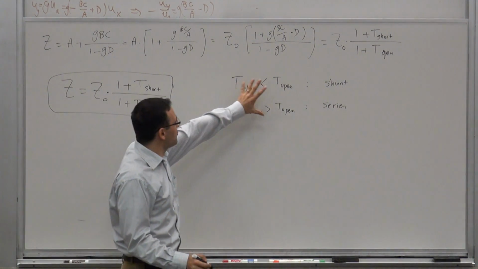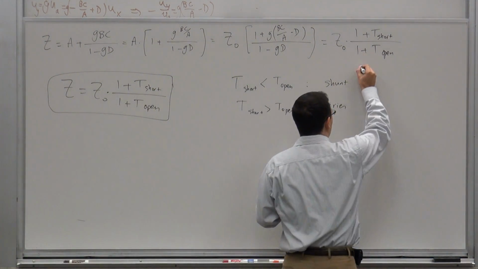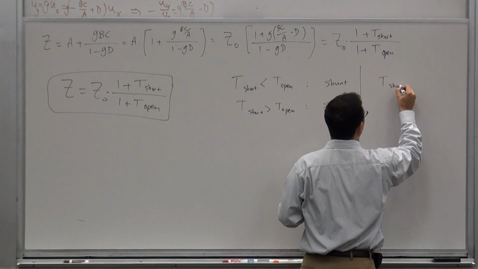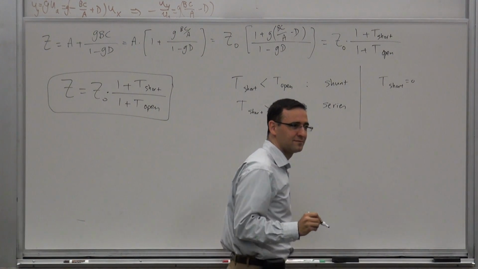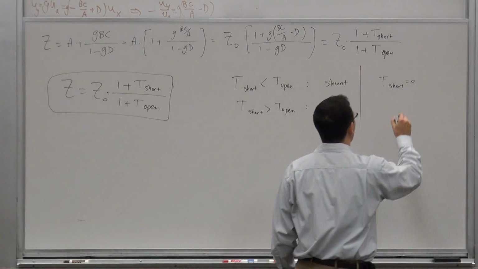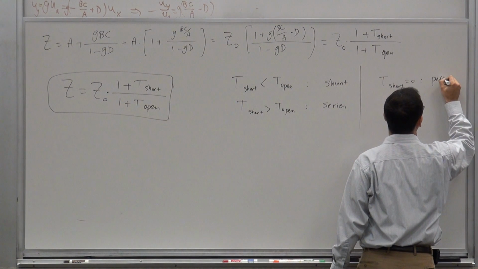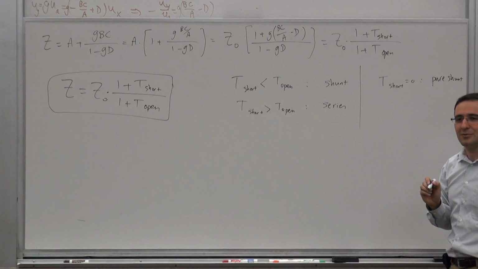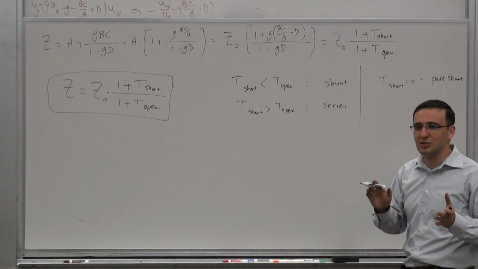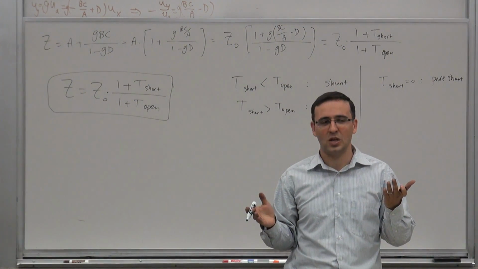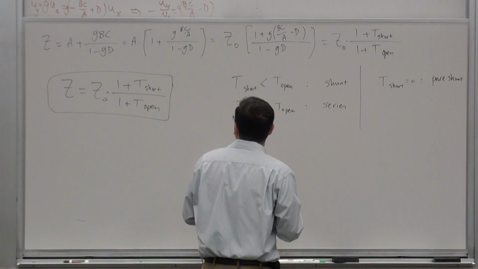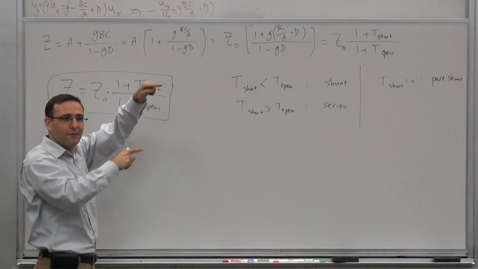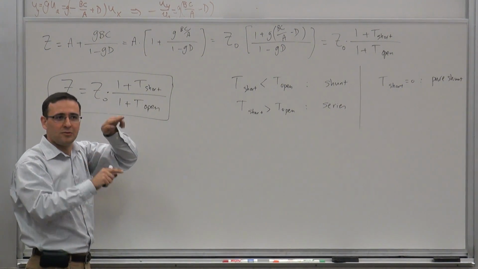So this is what we call in general, but there's something that I would like to think about. Let's say if T short is 0, then that's what I call a pure shunt. It means that you can have circuits that are a combination. You can have situations in general where these two are both non-zero, and as a function of frequency, they kind of go up and down.